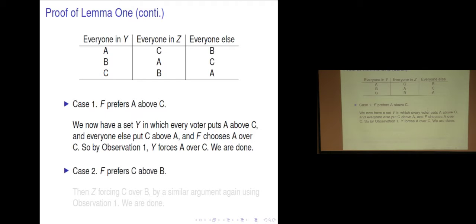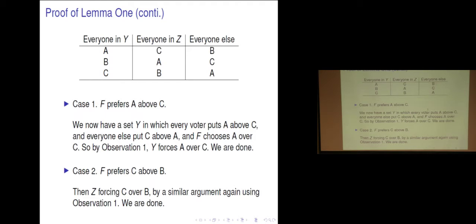Now the other situation is the same. Suppose F goes that way, then inside Z, everybody prefers C over B, everybody else prefers the other way, and F goes with Z. So Z will be the dictating set.